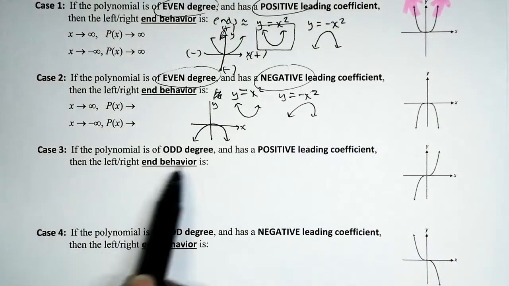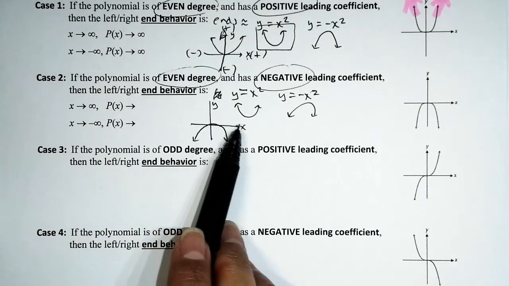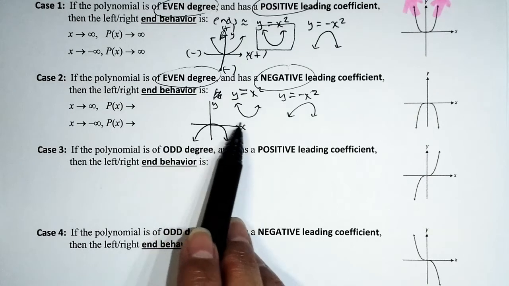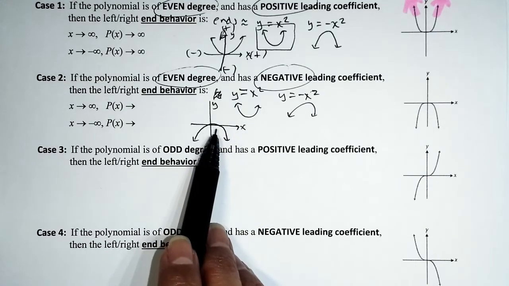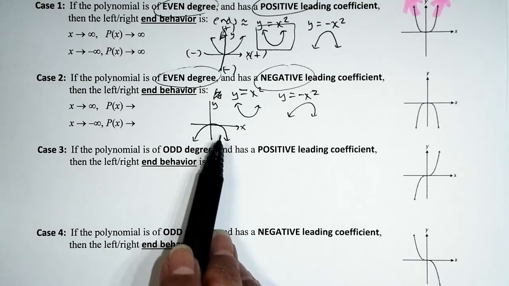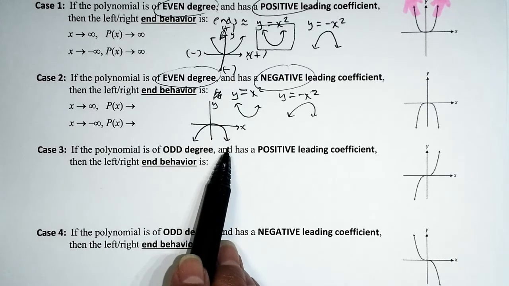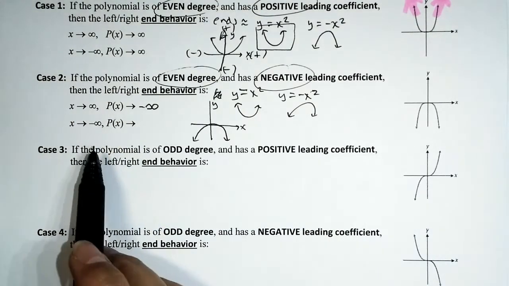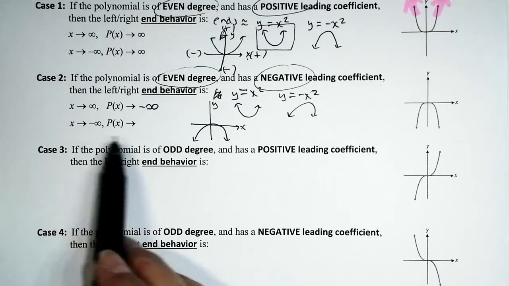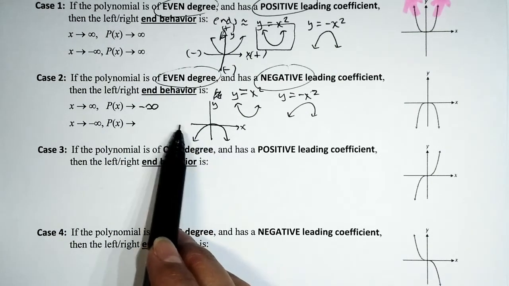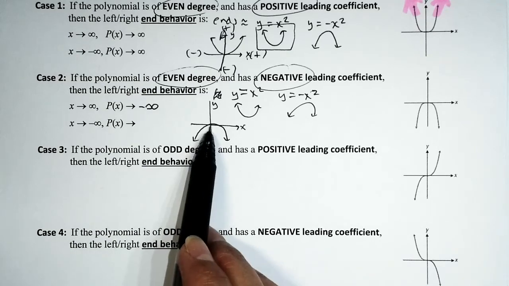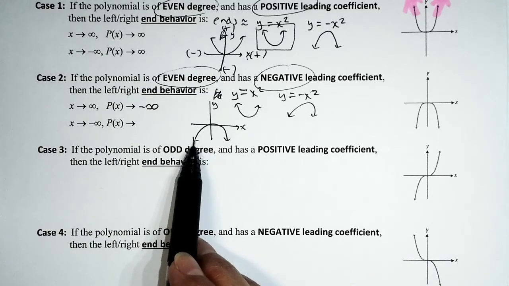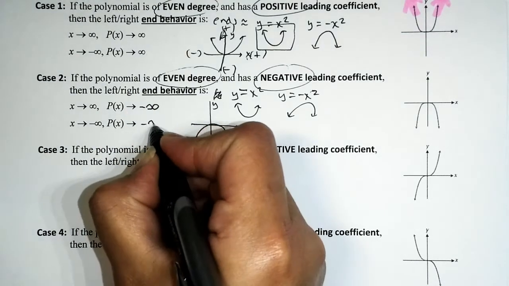As x approaches positive infinity, or as we pull to the right, the graph is pointing down, so the function value is going towards negative infinity. As x approaches negative infinity, as we pull to the left, the graph is also pointing down, so the function value is also approaching negative infinity.